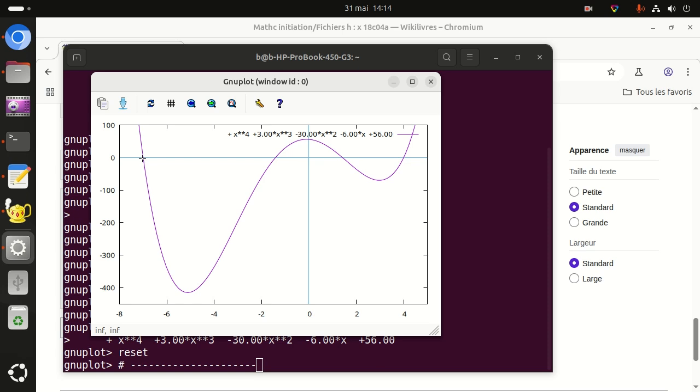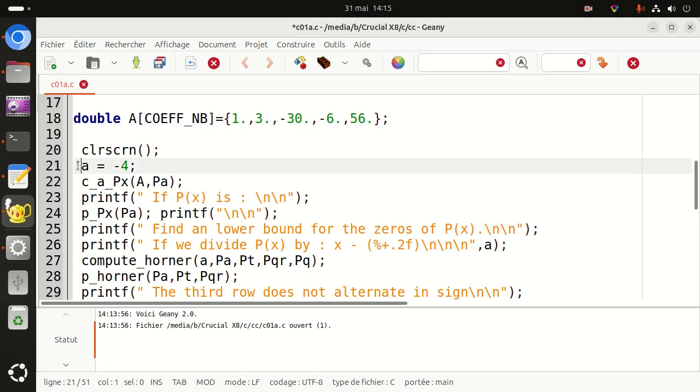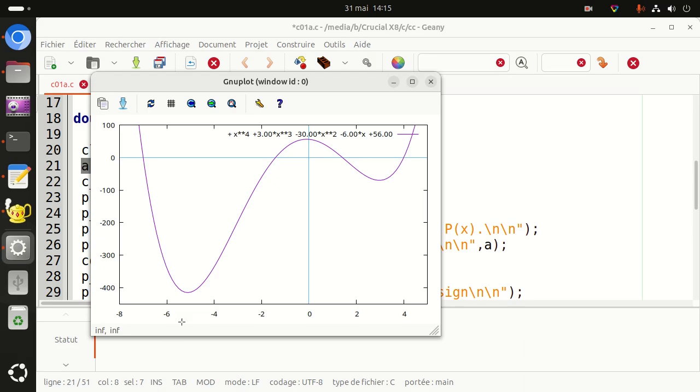I see here a root, another root, another root, and another root. For the first value of a, I have chosen minus 4. Here, minus 4. I can see if I choose minus 4, on the left there is a root.